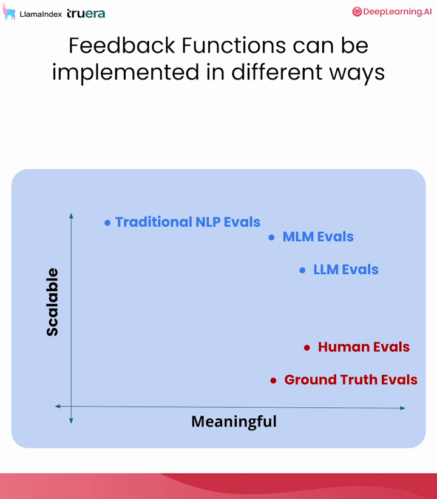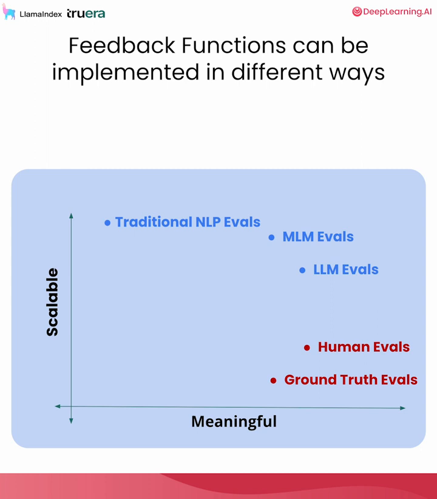Often we see practitioners starting out with ground truth evals, which can be expensive to collect, but nevertheless a good starting point. We also see people leverage humans to do evaluations. That's also helpful and meaningful, but hard to scale in practice.